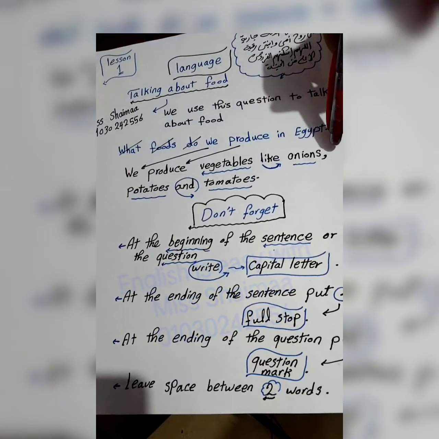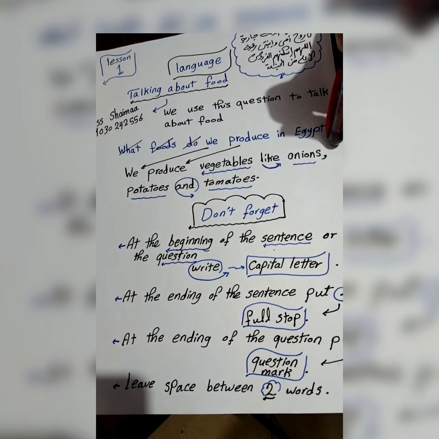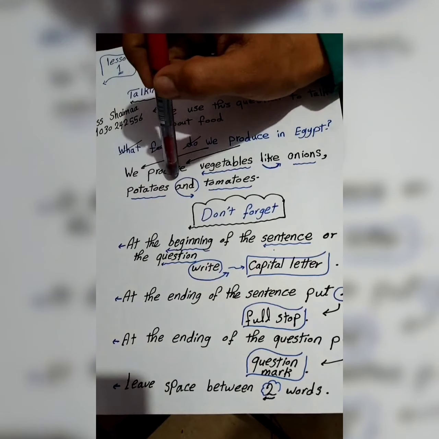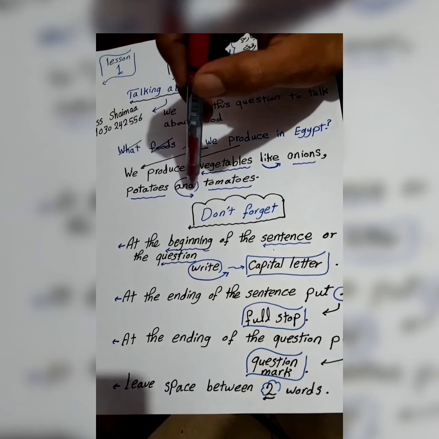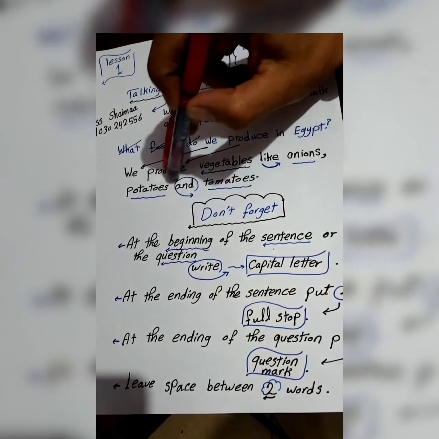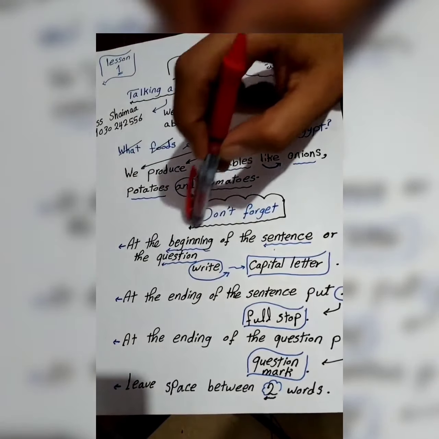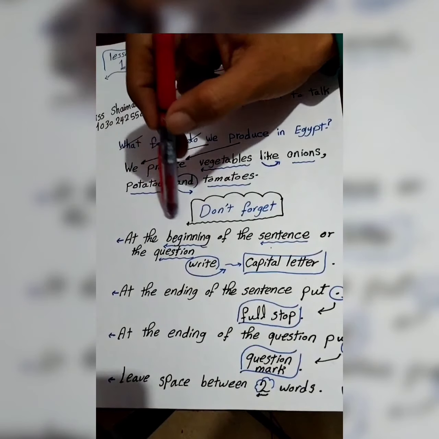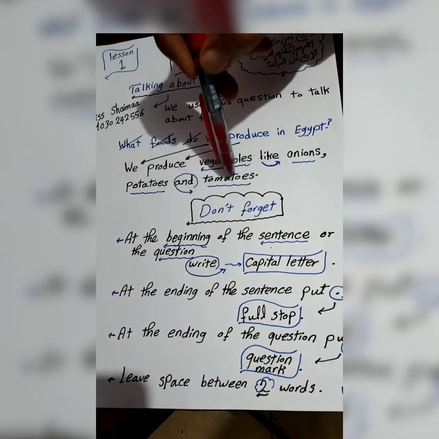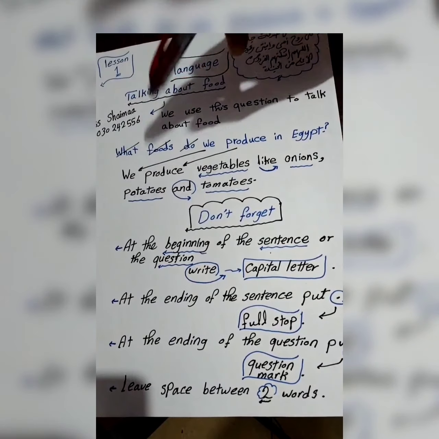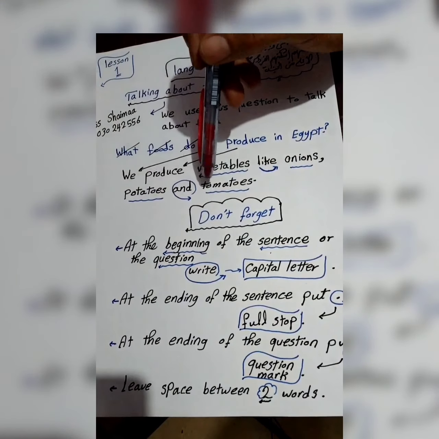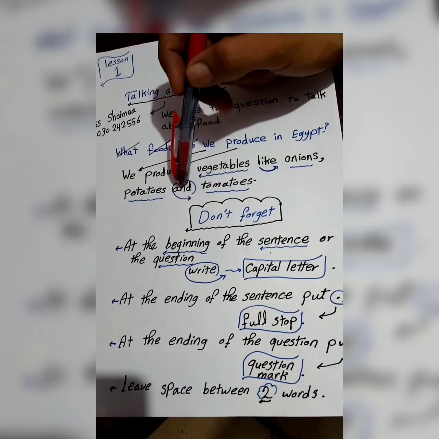Write onions and put a comma. After that, potatoes. Then don't forget to put the word and between the last two things, or nouns here. Potatoes, tomatoes. Put and here.